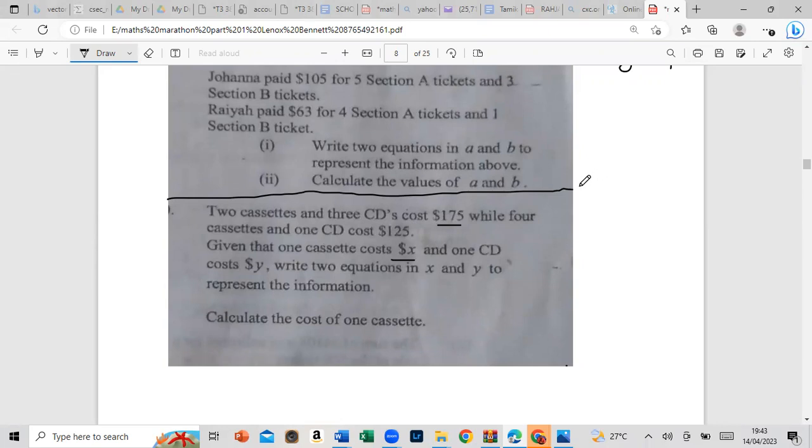So 2 cassettes is 2x, 3 CDs is 3y, and that must give you 175. And then while 4 cassettes and 1 CD, so 4x and 1y, cost 125.